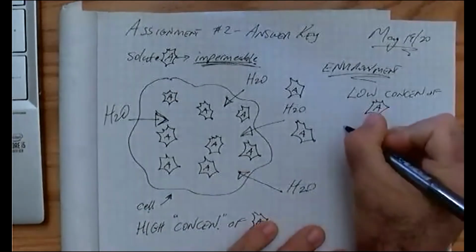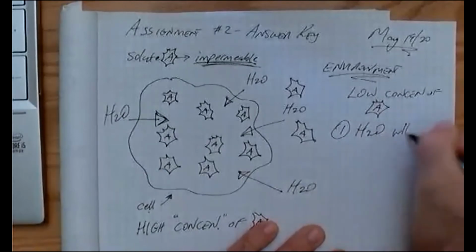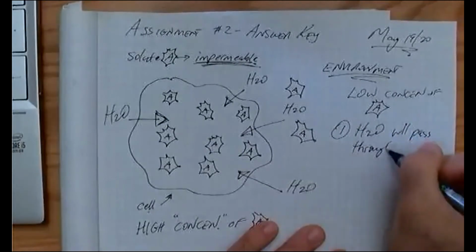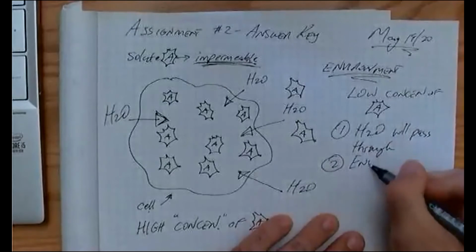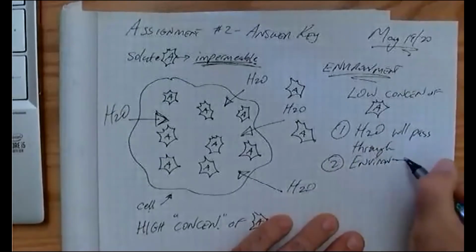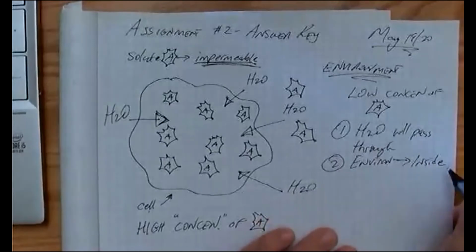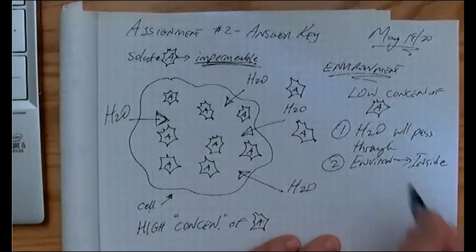So here's what's going to happen. Remember the things that we need. So water will pass through. What direction? From the environment inside the cell. I like the way some of you are describing these things in terms of the concentration.